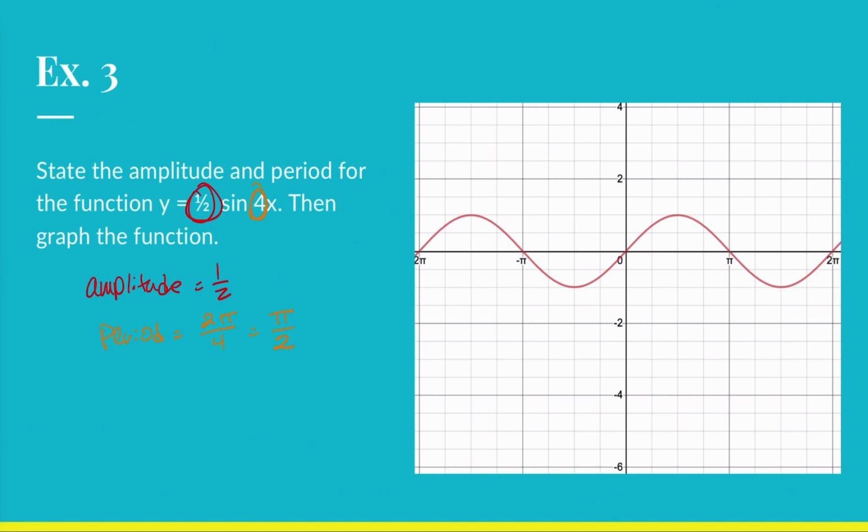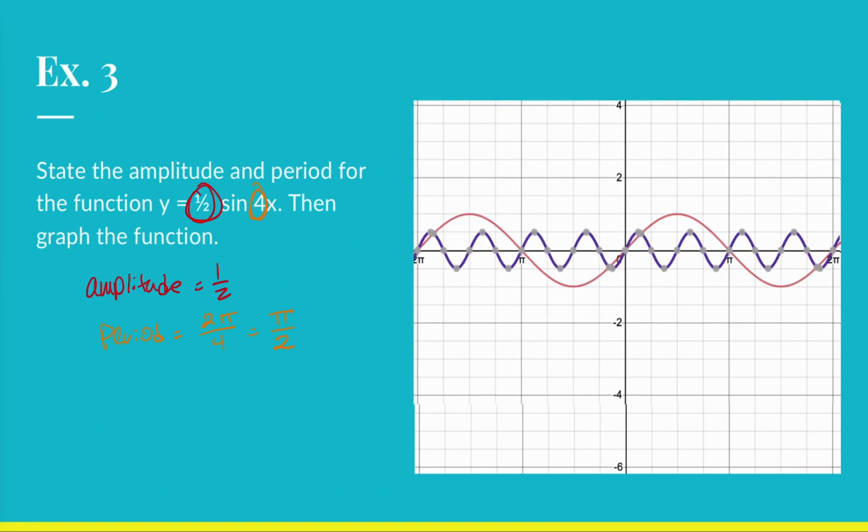That's a much better drawing. All right, so amplitude of 1/2, and we get 1 whole period of the function within pi over 2.